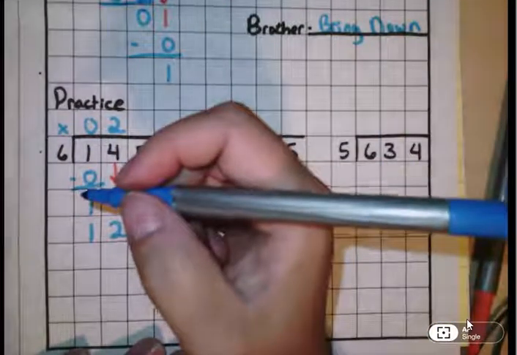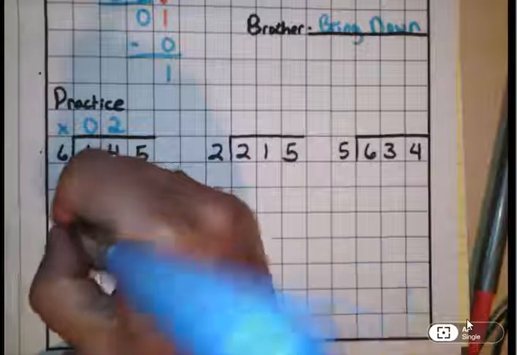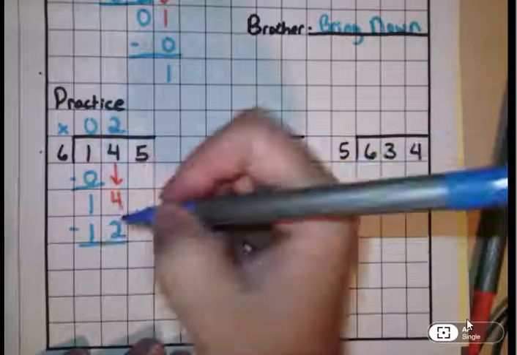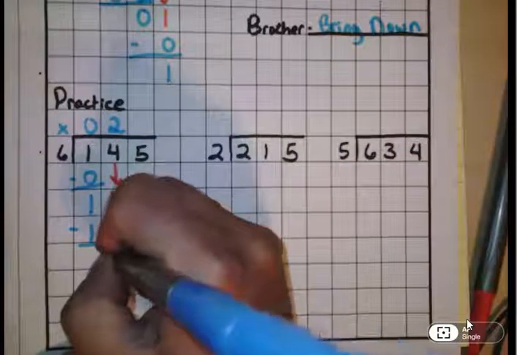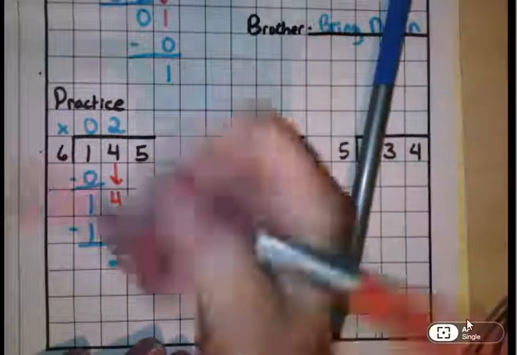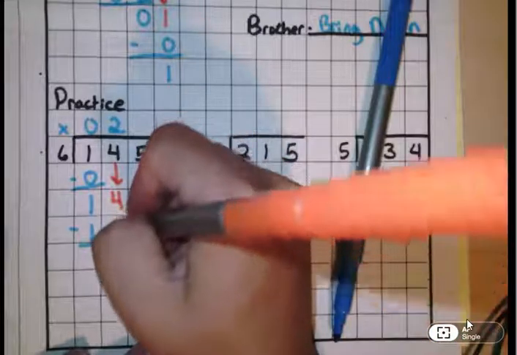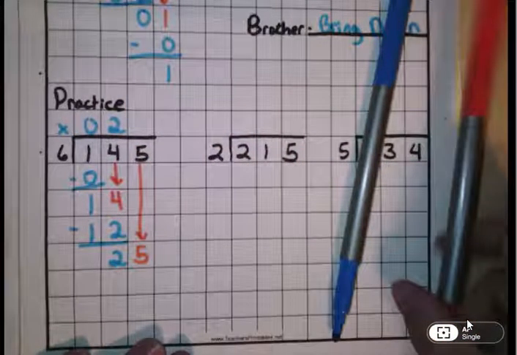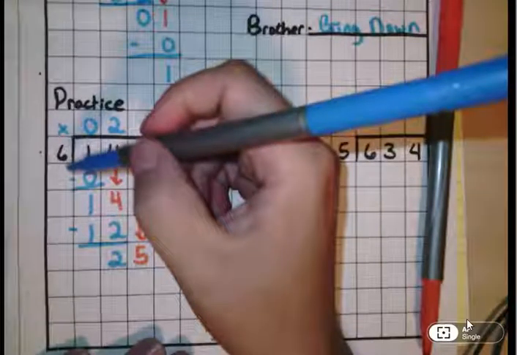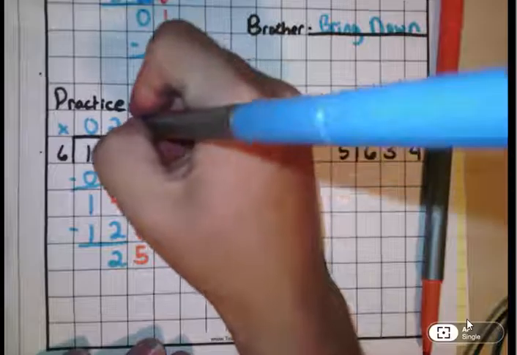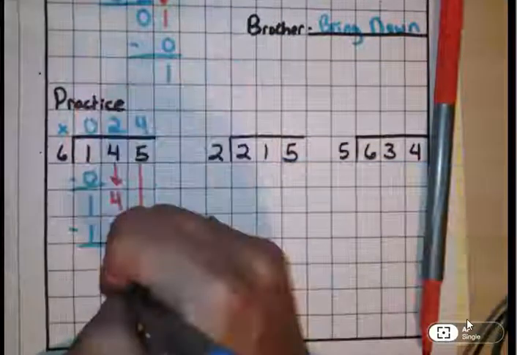What's the next step? You're right, subtract. Okay, 14 minus 12, or 4 minus 2 is 2. Subtract. And final step is brother, bring down. And we're back up to dad again. How many times does 6 go into 25? 4 times. 4 times 6 is 24.